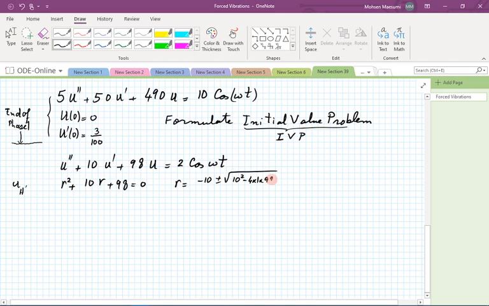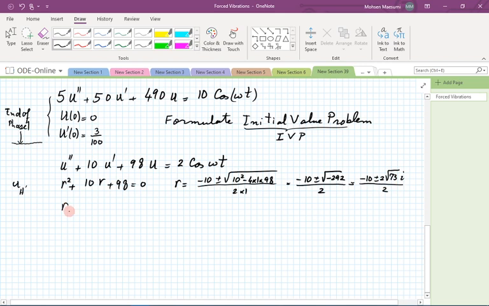first and last numbers, divided by twice the first number. So that's minus 10 plus or minus radical, and this thing turns out to be minus 292, divided by 2. And I can simplify that a bit by factoring a 4 out of that. It comes out of the radical: minus 10 plus or minus 2 radical 73 times i, divided by 2.